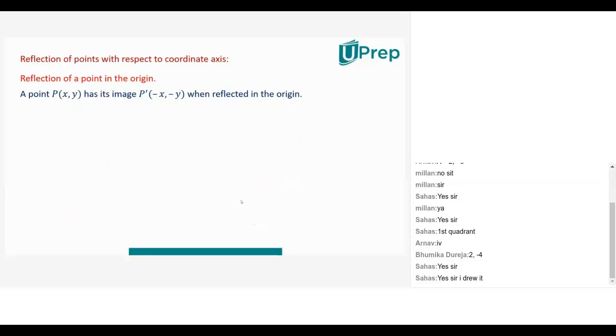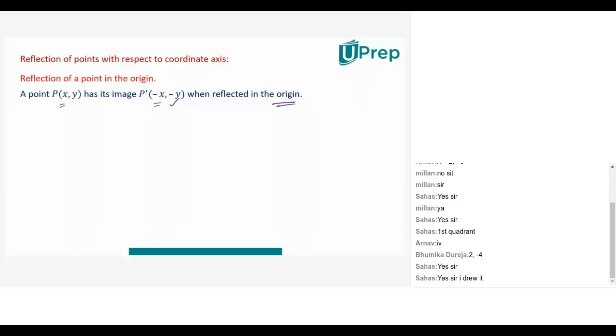So let's write the third property now. A point P (x, y) has its image P dash (-x, -y) when reflected in origin, or both abscissa x changes to -x, ordinate y changes to -y when you reflect it in origin.